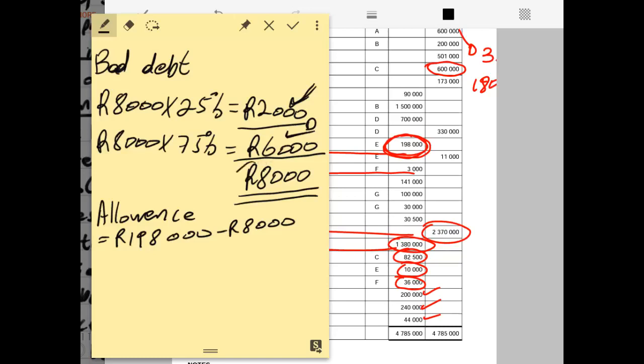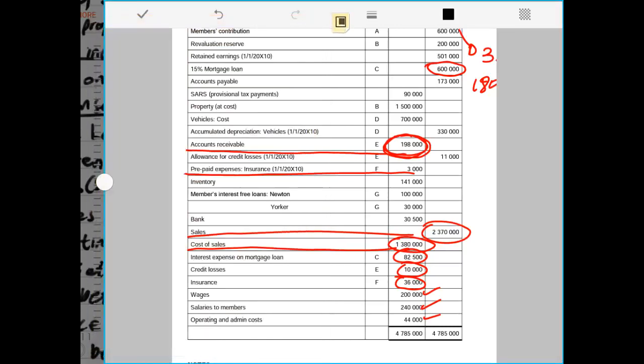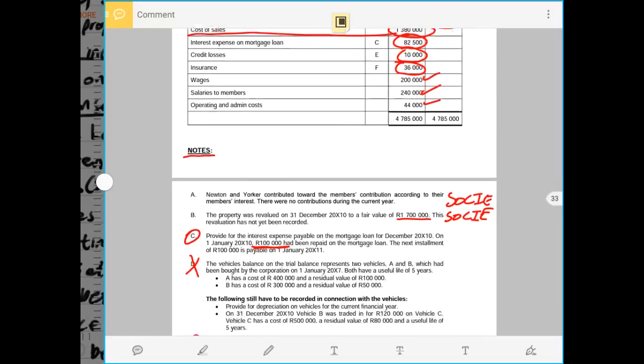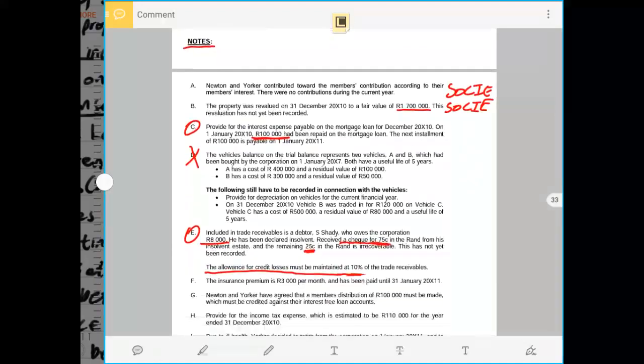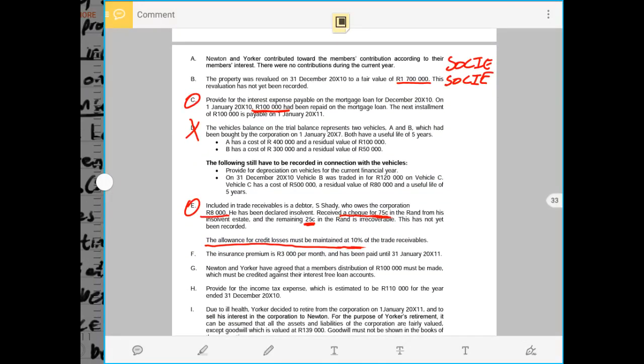So now the full 8,000 is no longer a debtor in the business. That means after we take 198,000 minus 8,000, that will give us 190,000 rands. Then we multiply that by the 10% that was given from the adjustment. That will give us 19,000 rands. Remember, 10% is the amount by which we were instructed to maintain our allowance.